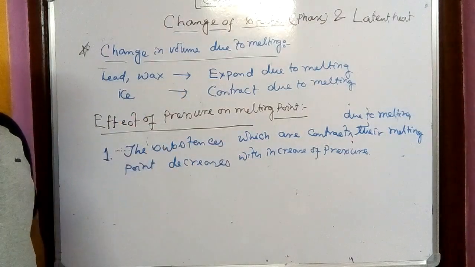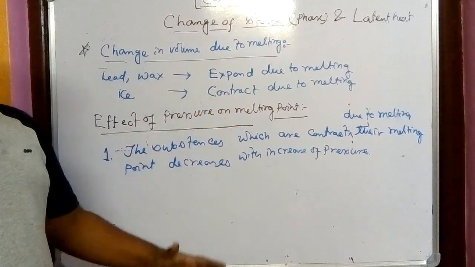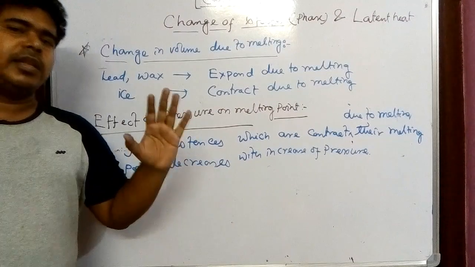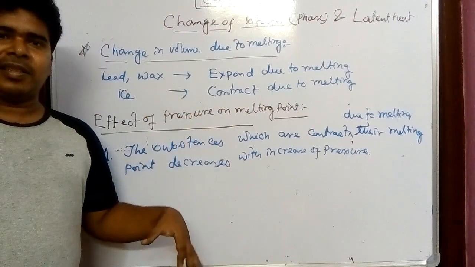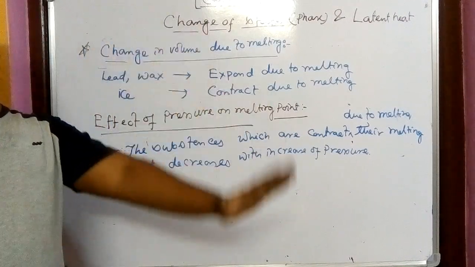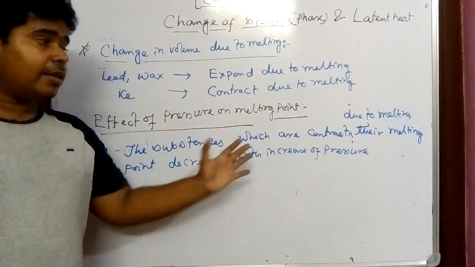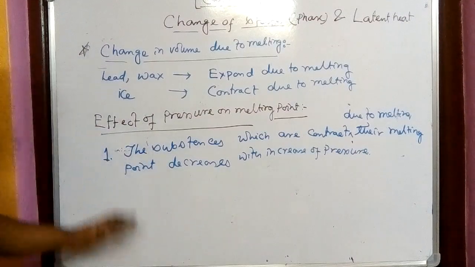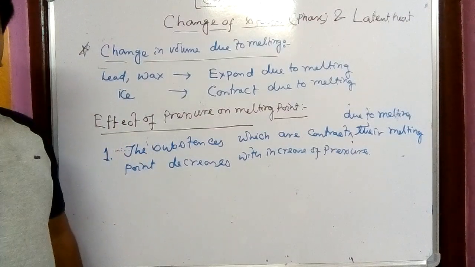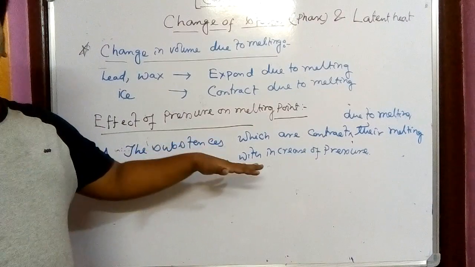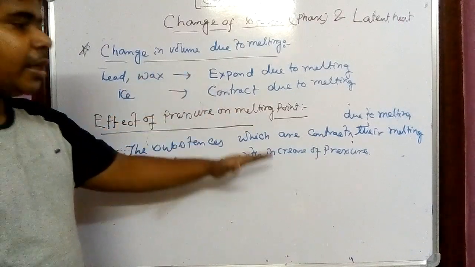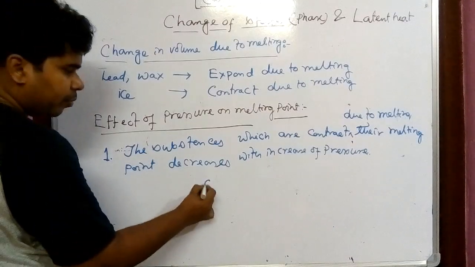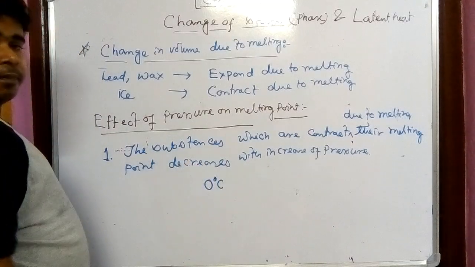Now you might be asking why? The reason is a little bit of a higher thing, so here I'm not discussing the reason. You have to remember that it occurs. I can show you an example, but why this occurs, many more things are related with it. So here you see, for the case of ice, if you increase pressure on it, then its melting point decreases. We know the melting point of ice is 0 degrees.